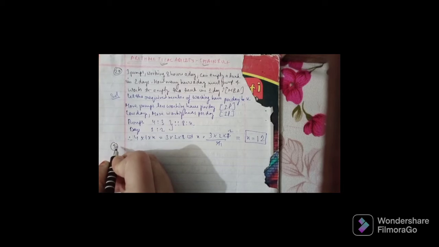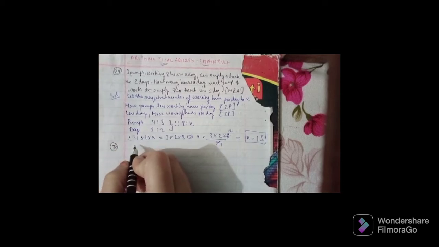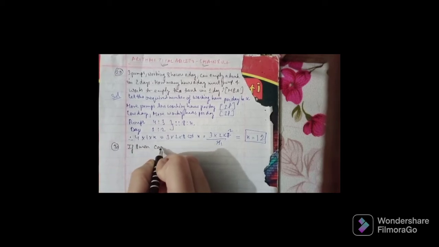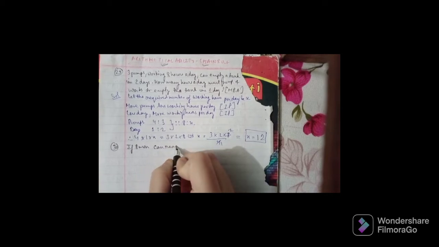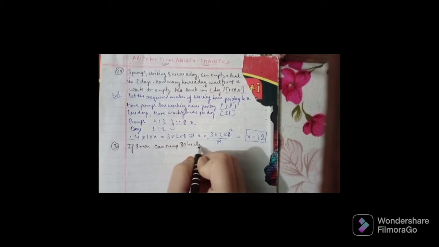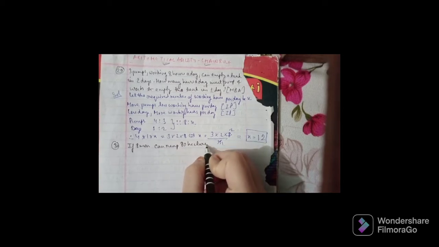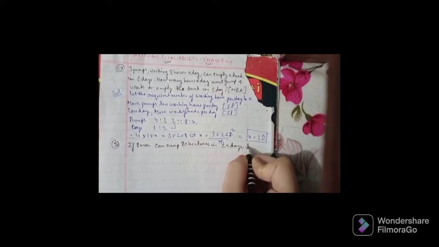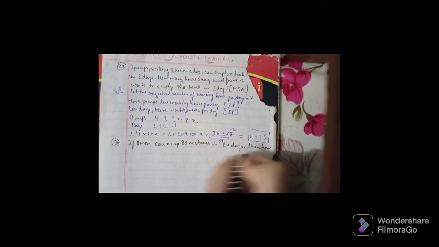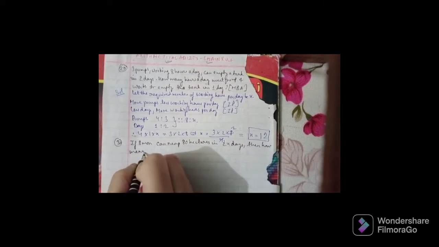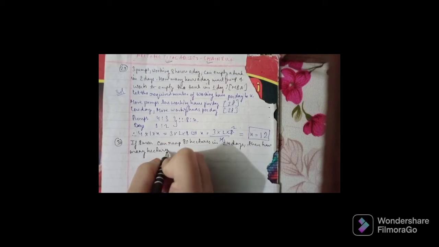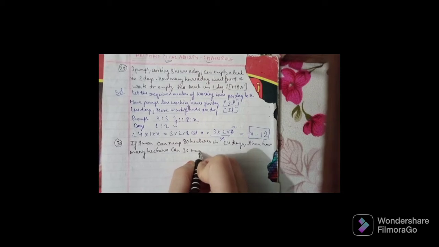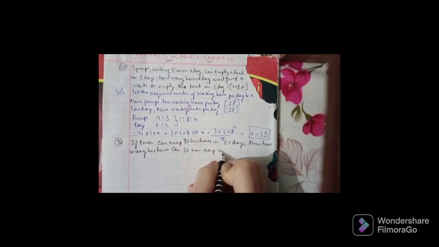So the 30th question: if 8 men can reap 80 hectares in 24 days, then how many hectares can 36 men reap in 30 days?